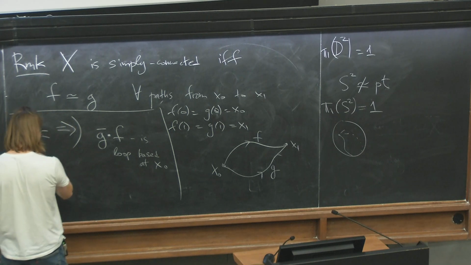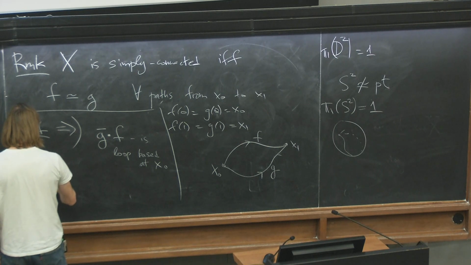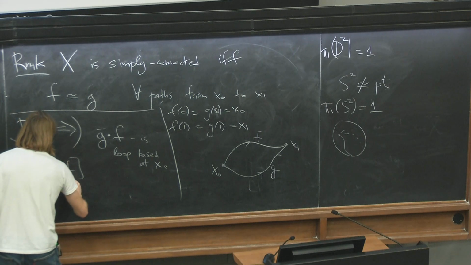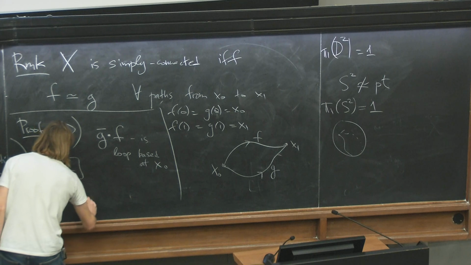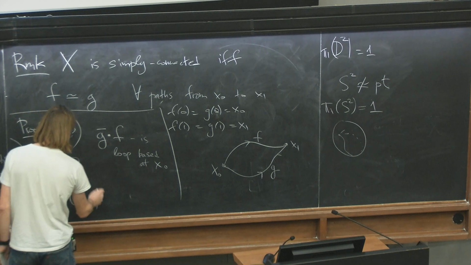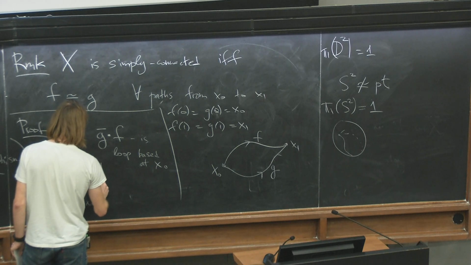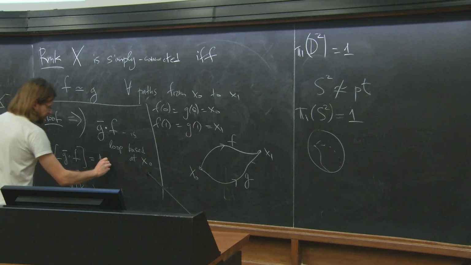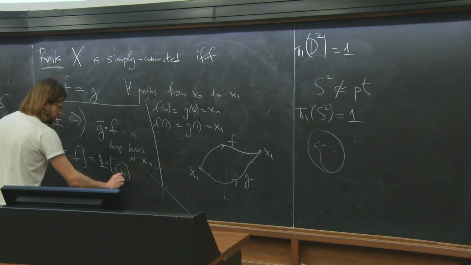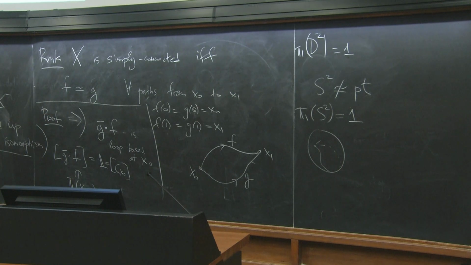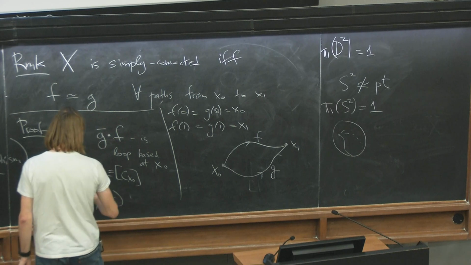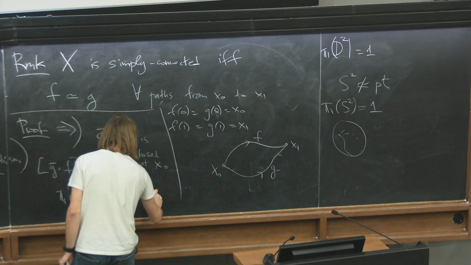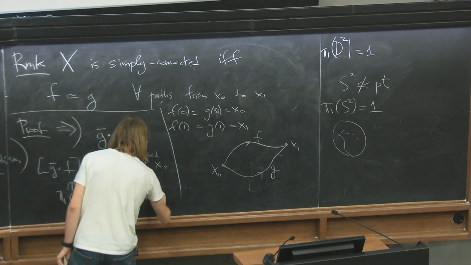We know this is trivial, so it can only be the identity element, which is the class of the constant loop. This means that there exists a path homotopy between this composition and the constant.